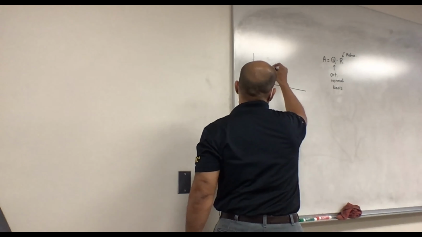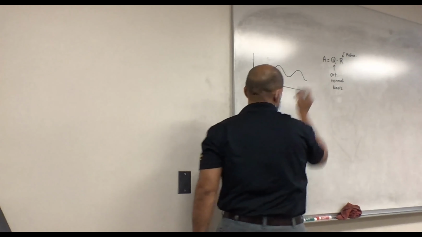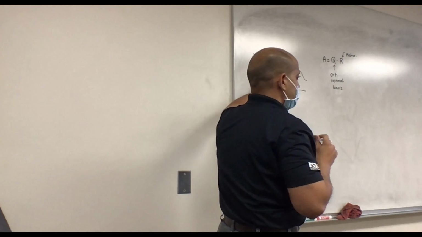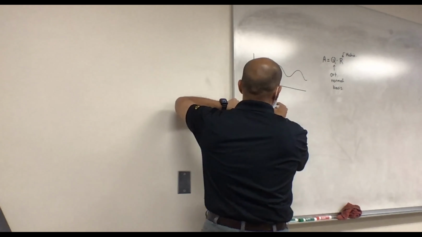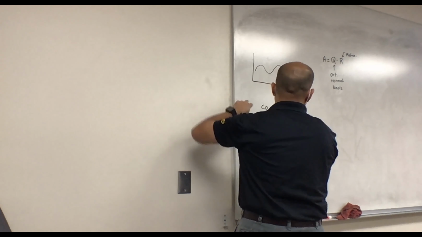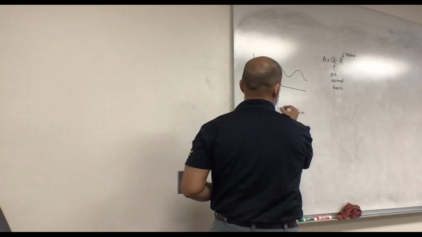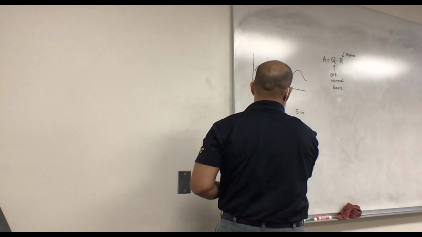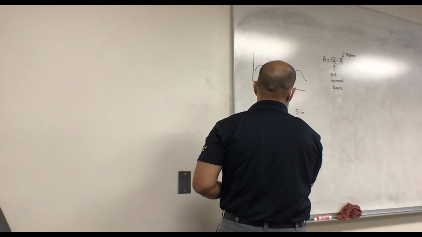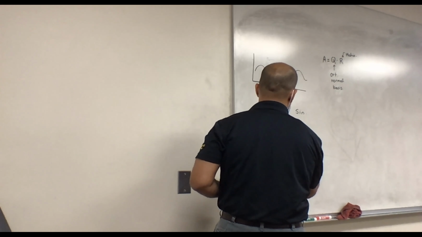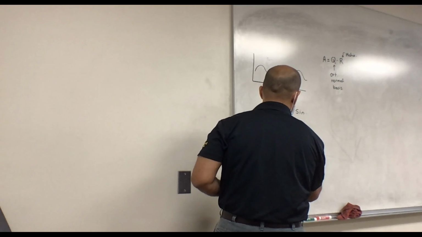So imagine that you have a periodic signal. This periodic signal can be decomposed into cosine components and sine components of varying frequencies. So you would have cosine omega 1 t, plus cosine 2 omega 1 t, cosine 3 omega 1 t.